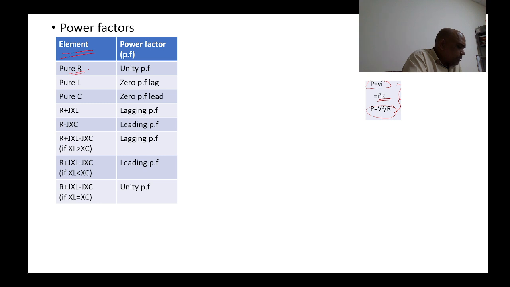If you take a pure resistor, unity power factor, how can you tell? For a pure resistor, the angle between V and I is 0. Theta is 0, so cos theta is 1. That's why it is unity power factor.